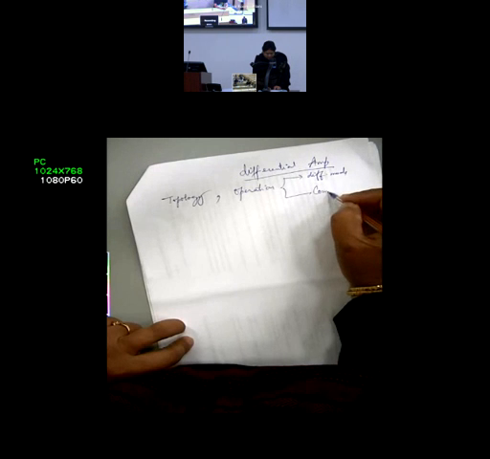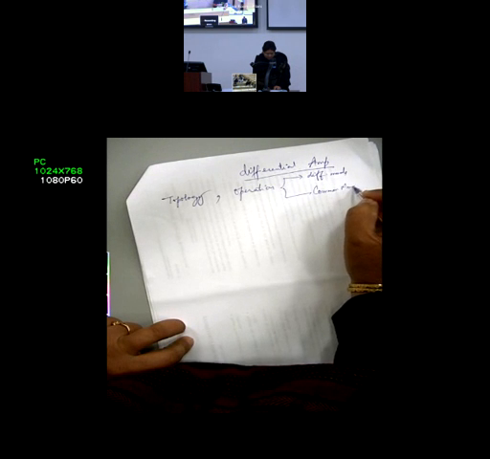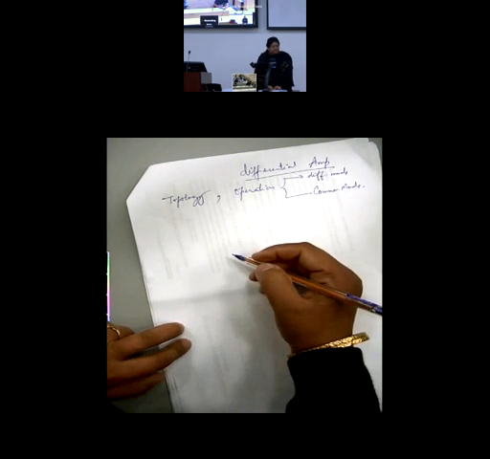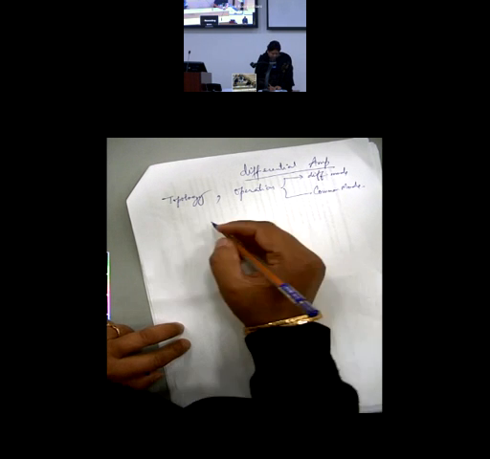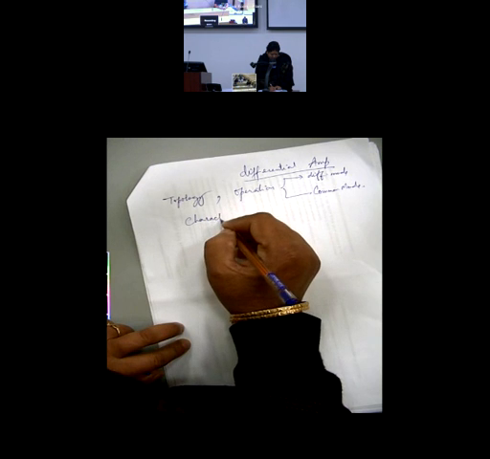I have discussed both of them and the advantages, plus we have looked at the characteristics of a differential amplifier, which is very, very important for any IC designer to understand. So keep reading side by side as I cover the concepts; at least once in a day you should read.